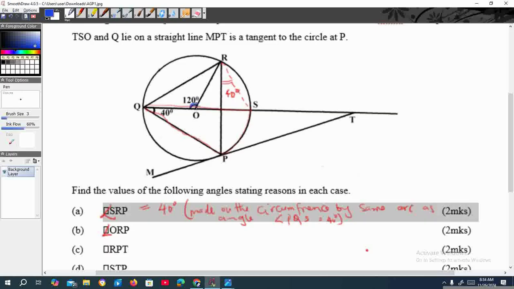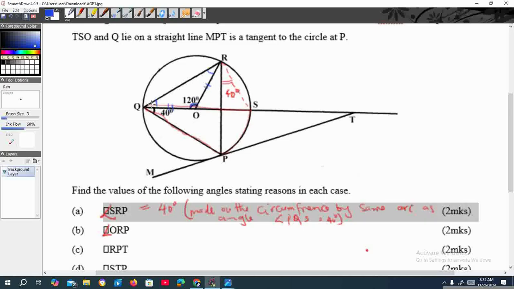at the center of the circle, and OQ and OR are going to be equal lines, because this will be a radius and this will also be a radius. So QOR will be an isosceles triangle, and in isosceles triangles, the base angles are equal. So this angle and this angle are going to be equal. Angles of a triangle add up to 180.